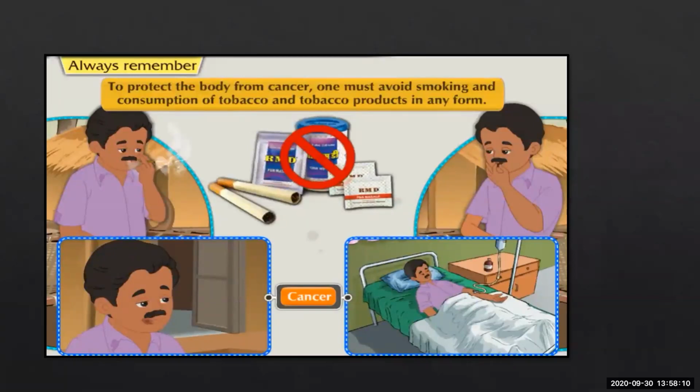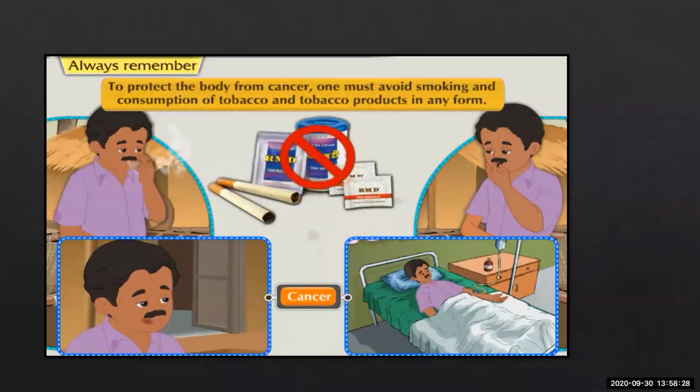The cells keep on growing and growing and form a tumor. In normal functioning, the cell dies after a certain period of time and a new cell forms.